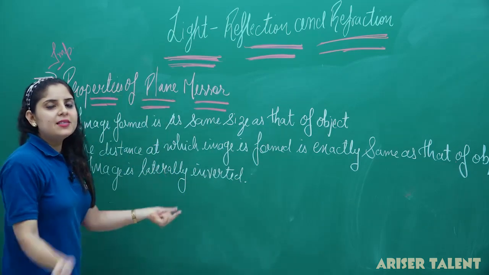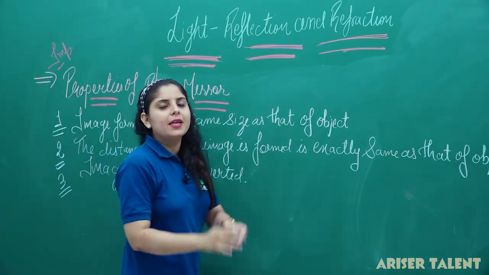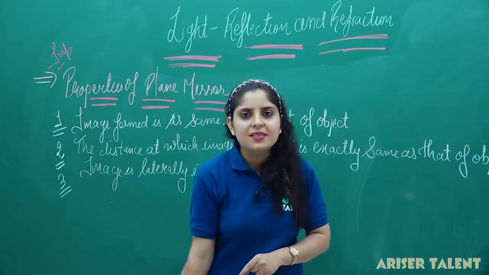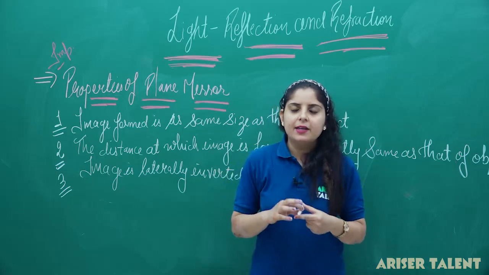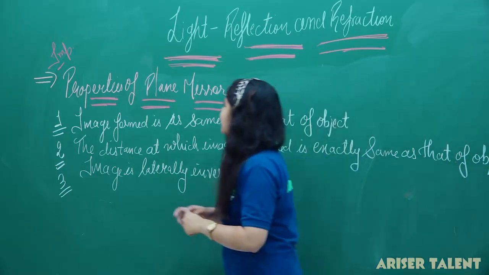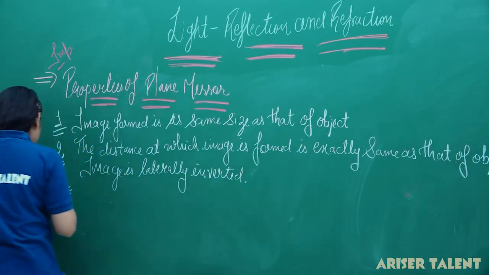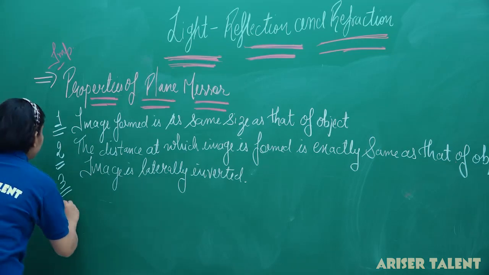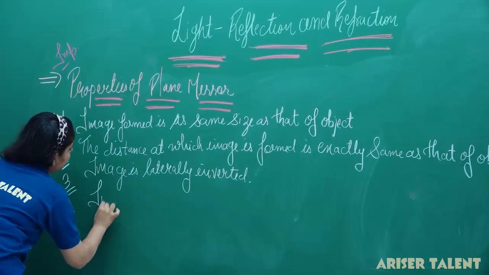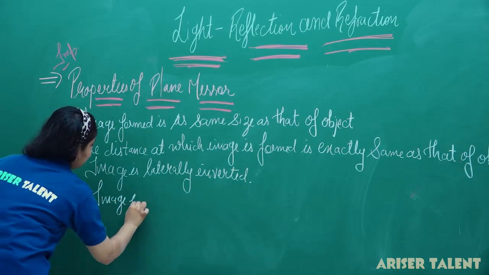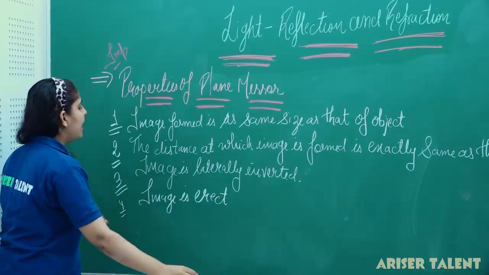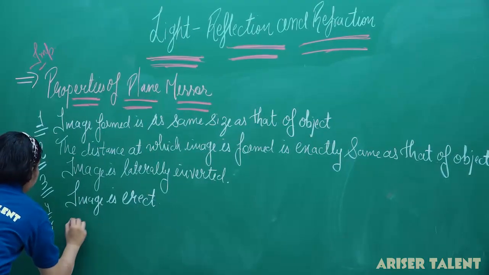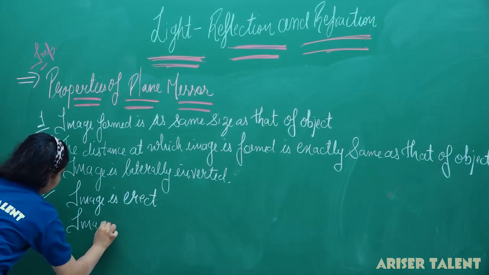So, the first point is the image is the same size as the object, the image will be formed at the same distance as that of the object, and the image is laterally inverted. So, the next characteristic about the properties of the plane mirror is the image formed by a plane mirror is erect and the image formed by a plane mirror is virtual.